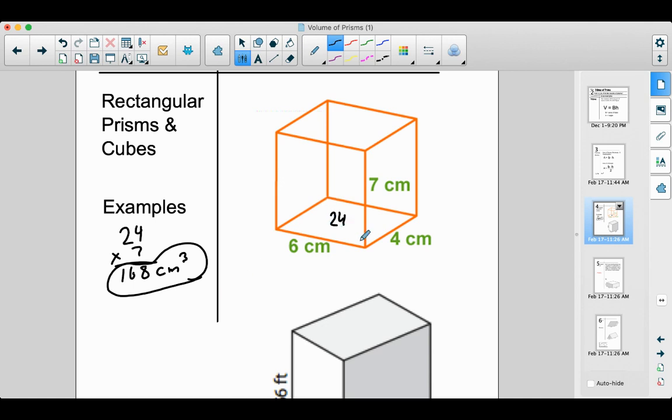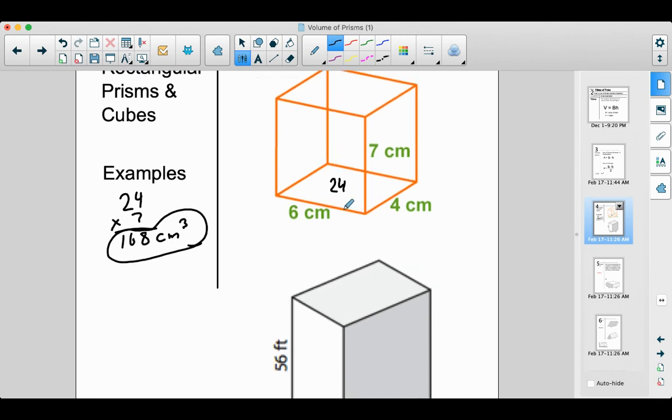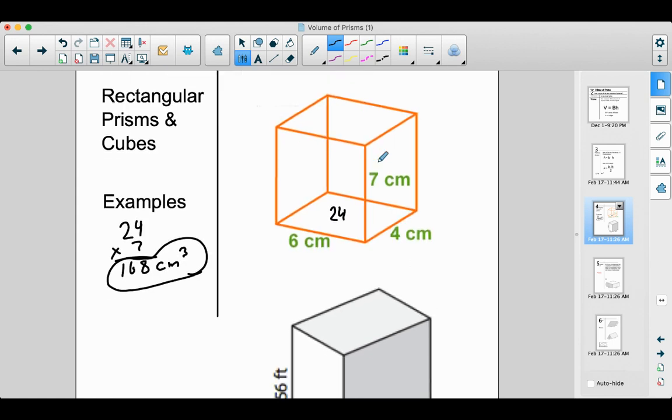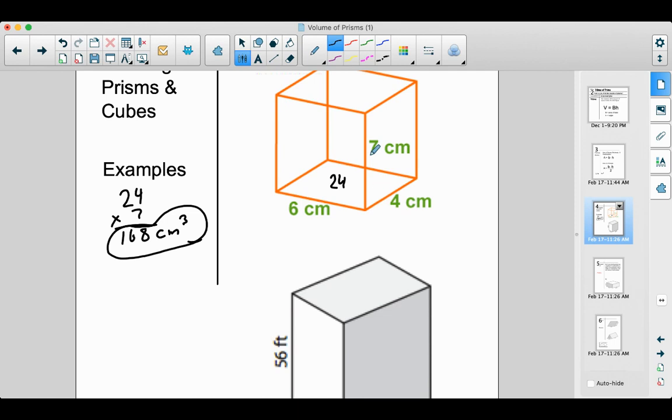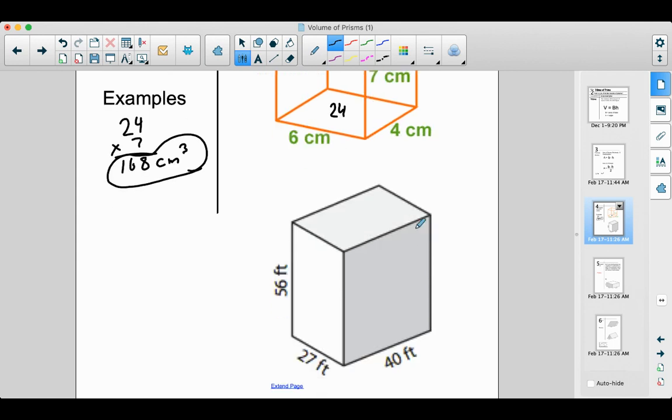If you notice, what I did to get that answer is I just multiplied this times this and then multiplied by that. But you might also remember that order doesn't matter with multiplication. So when you have a rectangular prism, all you end up doing is multiplying the 3 dimensions together, which is really easy. Just like with a rectangle, you multiply the 2 dimensions to get the area, with a rectangular prism, you multiply the 3 dimensions to get the volume. So if I look at this rectangular prism, I can use that shortcut.